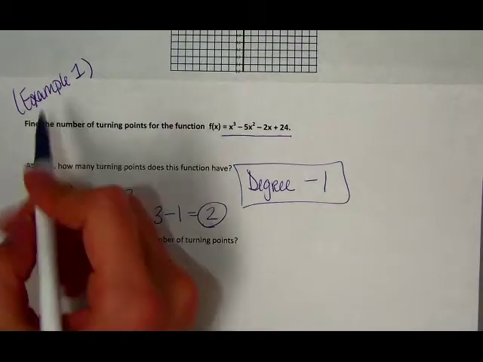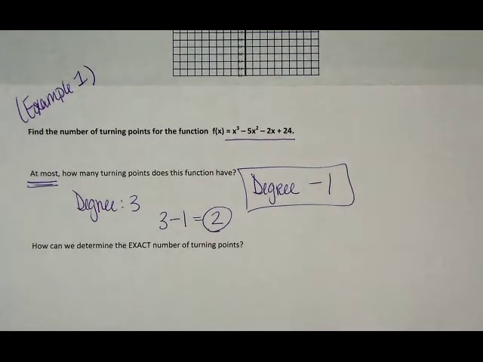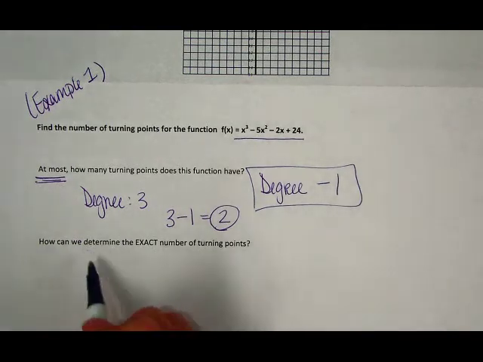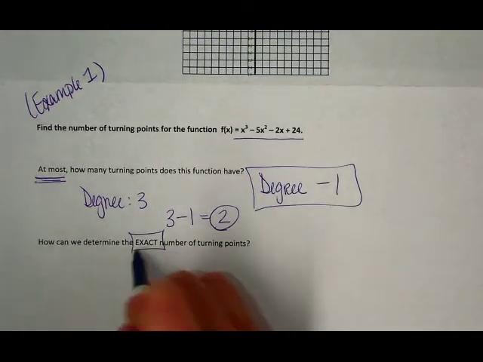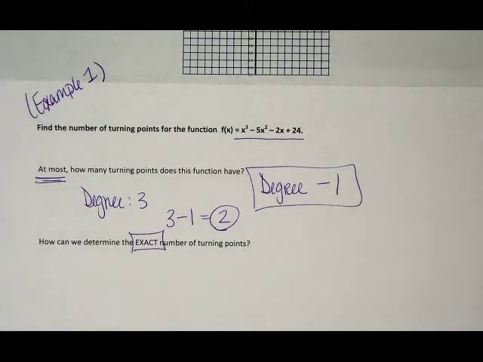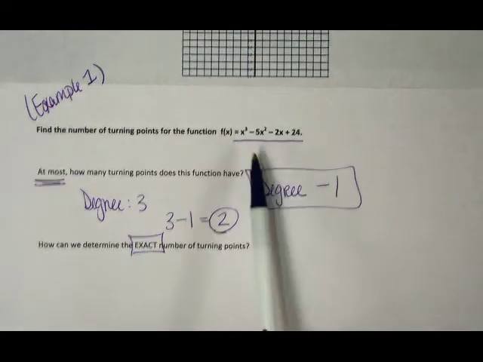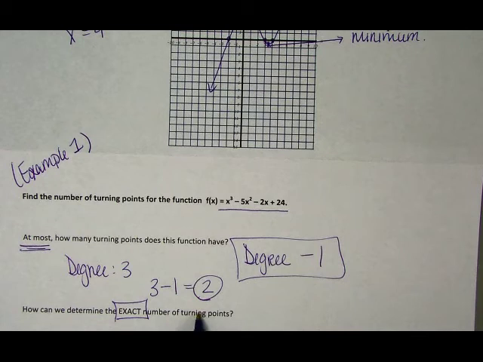But in this case, that's at most how many turning points we have. But how can we determine the exact number of turning points? At most means the very highest number of turning points. So we could have a function like this where we get a turning point value of 2, but it has less than that.